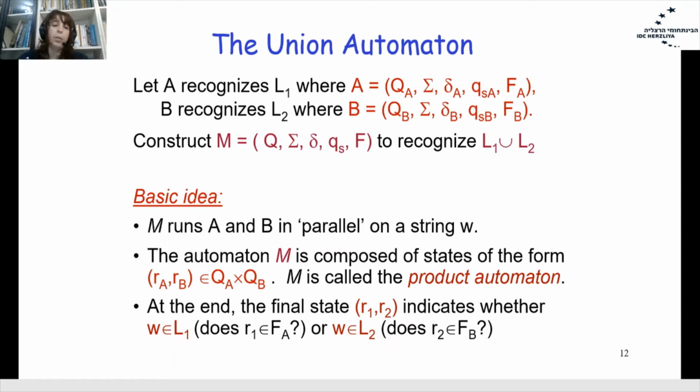If W belongs to L1, that means R1 is the final state. Or W belongs to L2, and the meaning is R2 is the final state. So basically, if we finished reading our word in both machines, and one of the states for automaton A or for automaton B is an accepting state, then we know that the word belongs to the union.